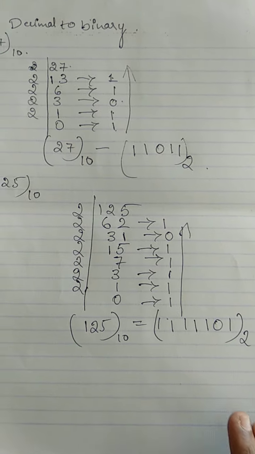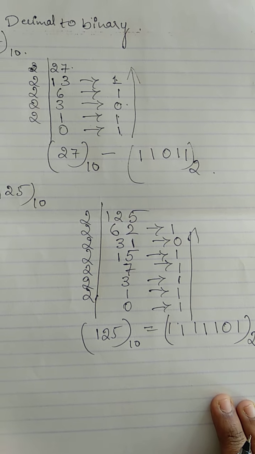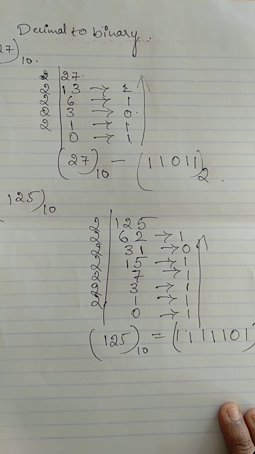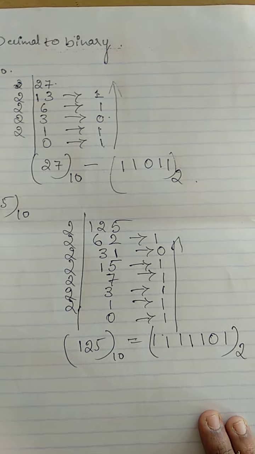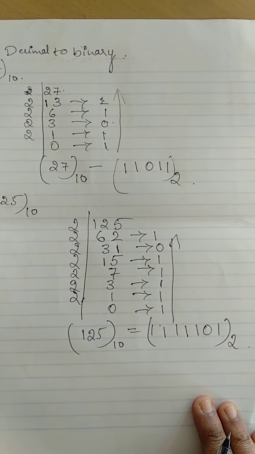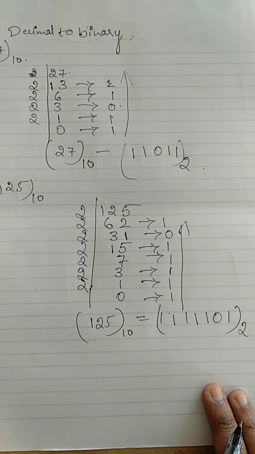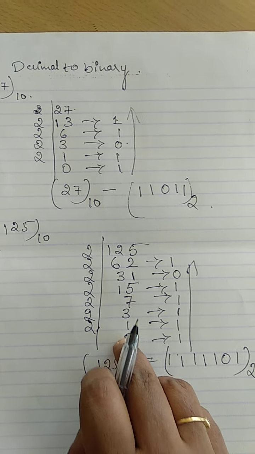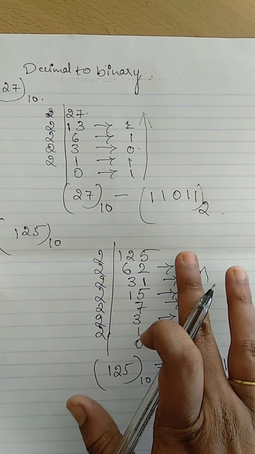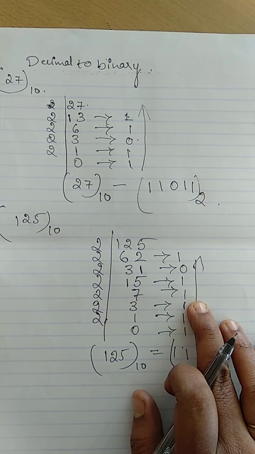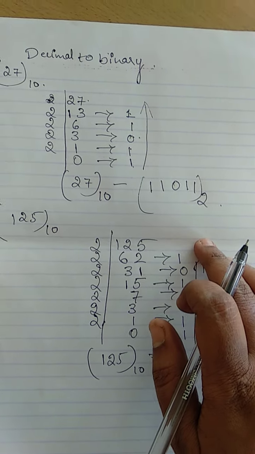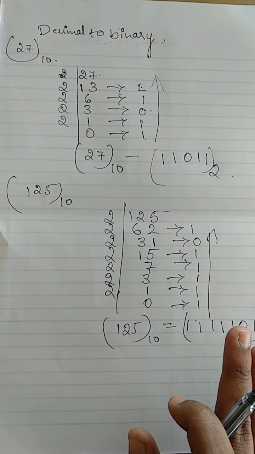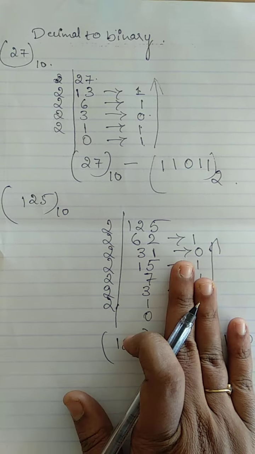While converting decimal to binary, we have to keep 3 points in mind: each number is divided by 2, this process continues until we get the quotient as 0, and we concentrate only on the remainder values. Those remainder values we write in reverse order.